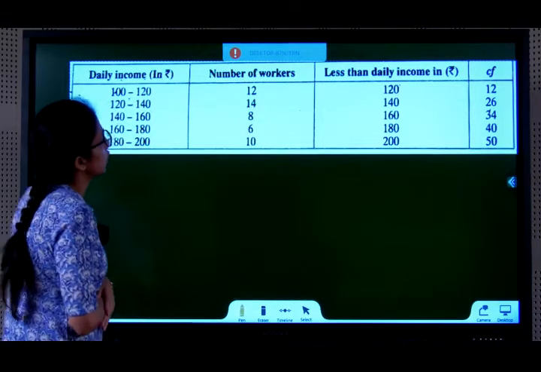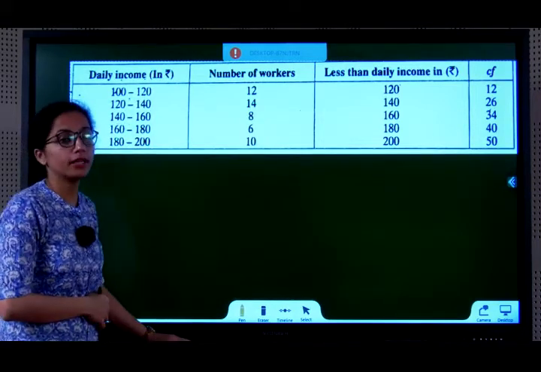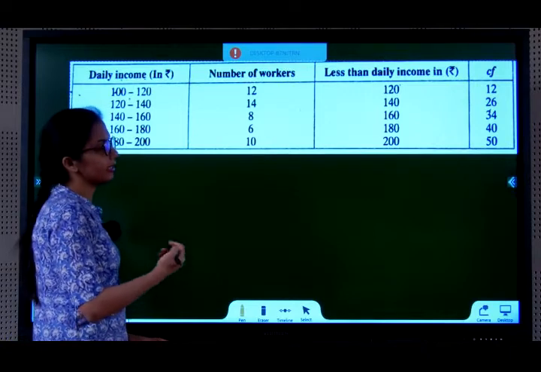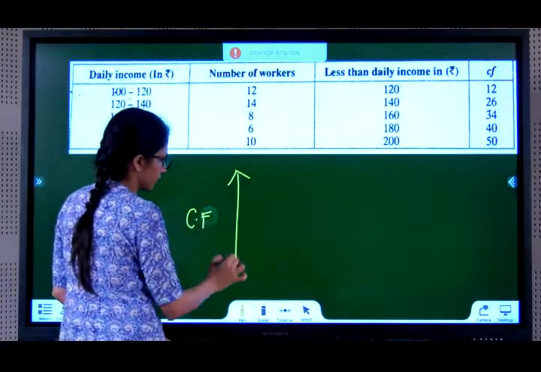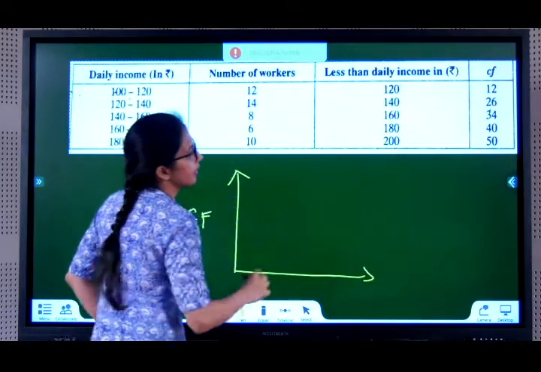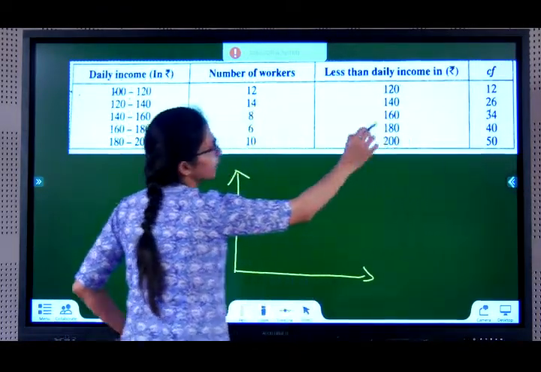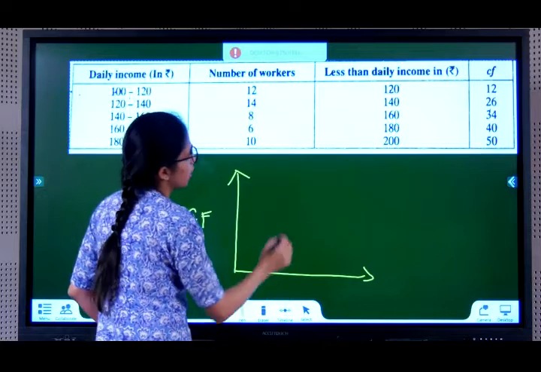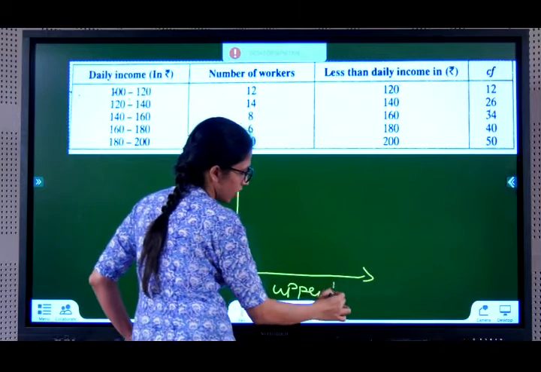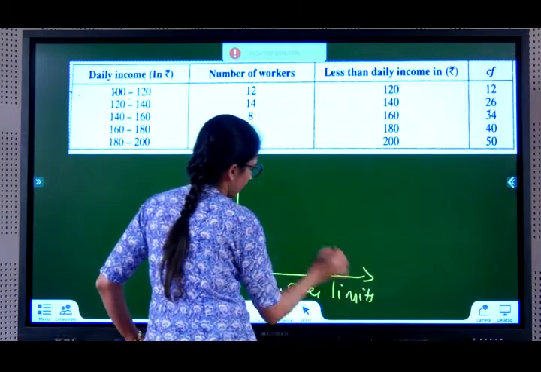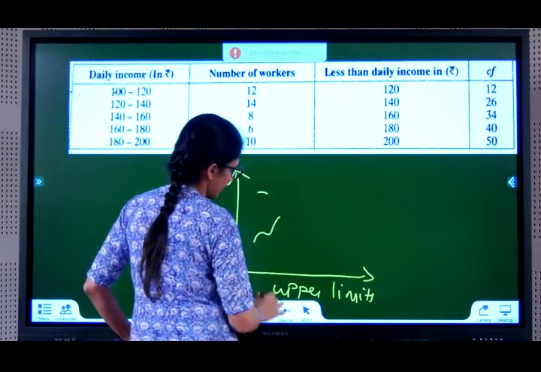Okay, so now we have to plot the ogive. While plotting the ogive, what should we take? We have to take the cumulative frequency, this column, as your y-axis, and the upper limits, the less than income, as your x-axis. Plot the graph and draw your curve.